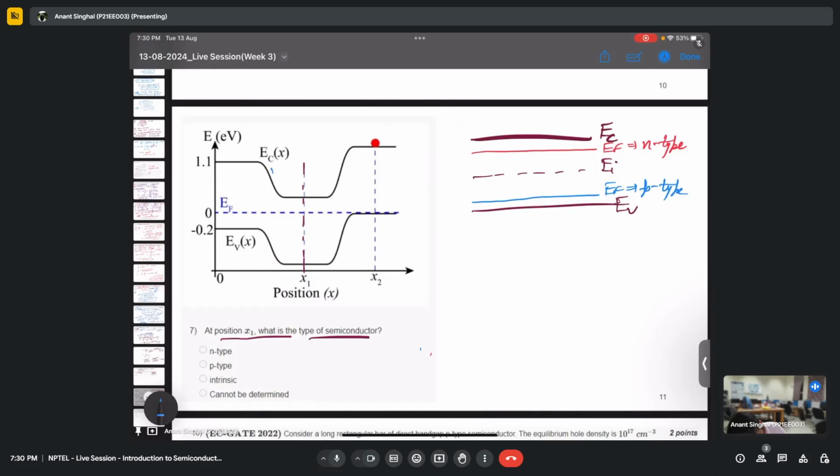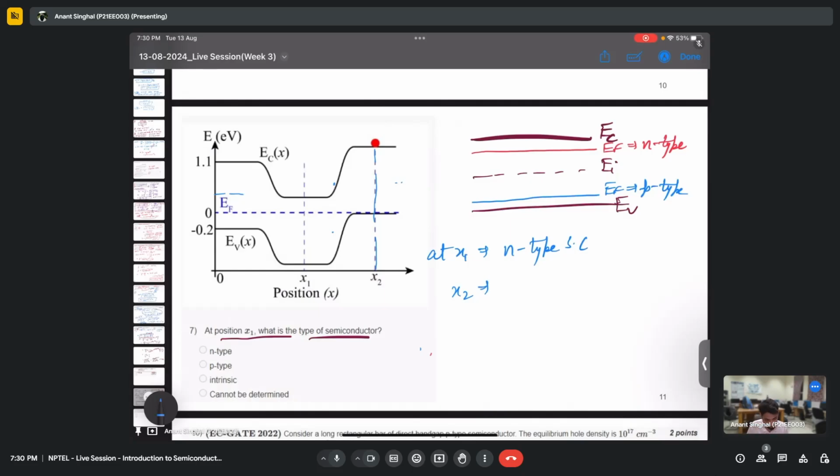So in this particular region, at x1, if we consider this as E_i, the Fermi level is close to the conduction band. So this is an n-type semiconductor. At x2, can you quickly tell what is the type of semiconductor? This is x2. Please quickly let me know.